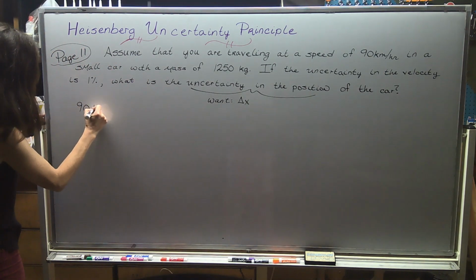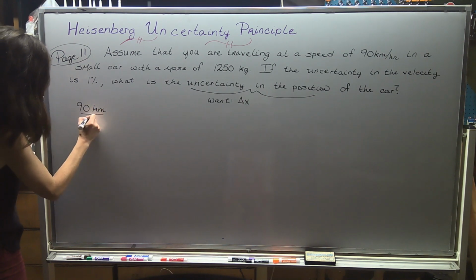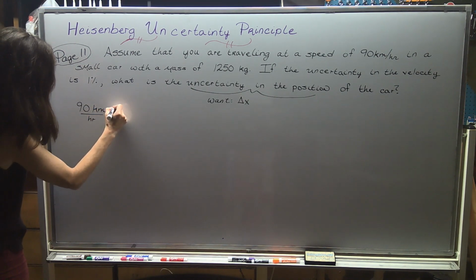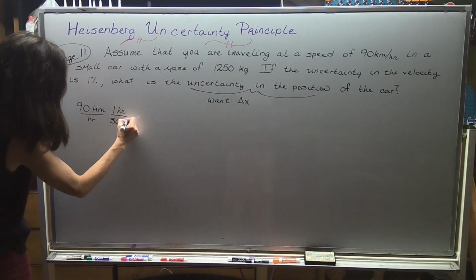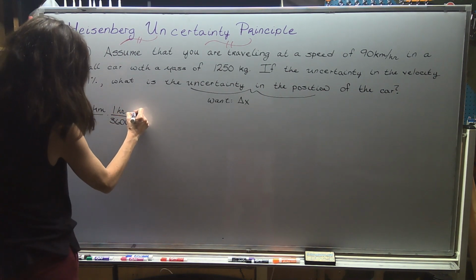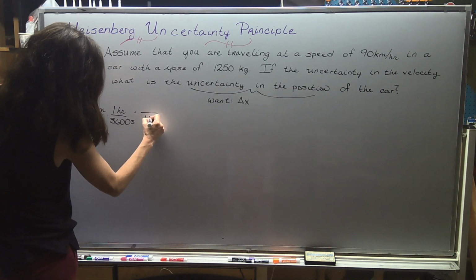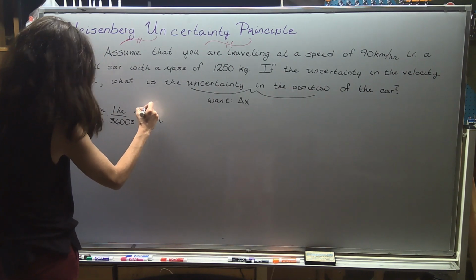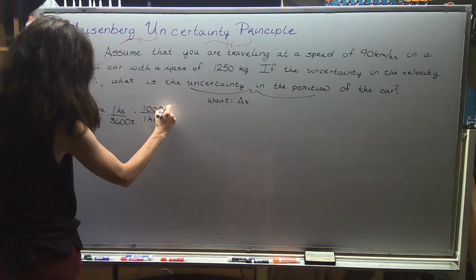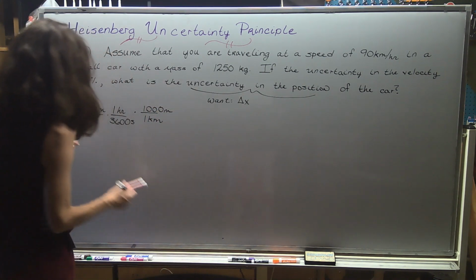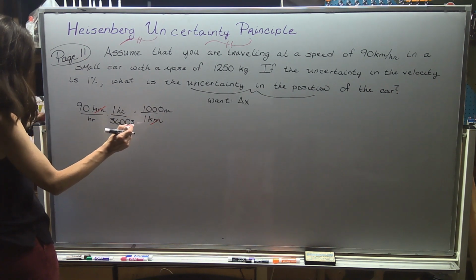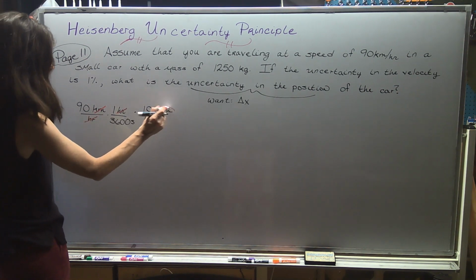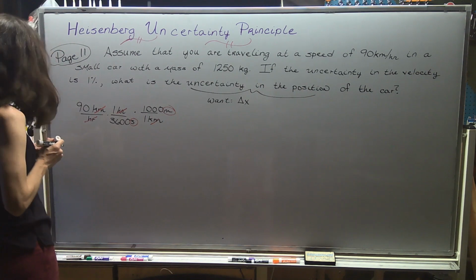So 90 kilometers per hour, 1 hour has 3,600 seconds, and 1 kilometer has 1,000 meters. What's canceling? Kilometers with kilometers, hours with hours, and I'm left with meters per second.